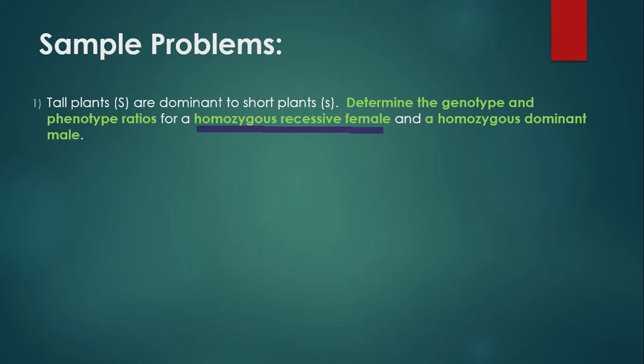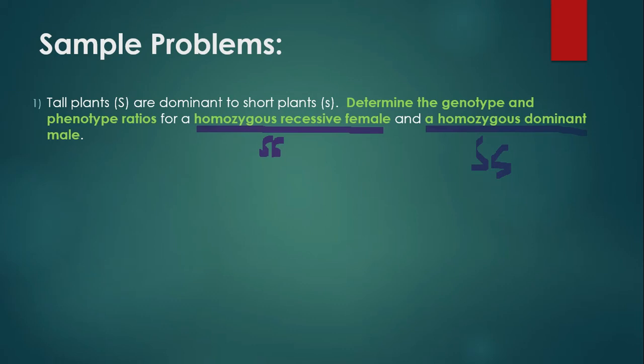Since we use S as our variable, homozygous recessive means the same, and recessive means small letters, so both are written in small letter s. That is how you are going to identify that. And a homozygous dominant male: both are written in capital letter S this time. That is how you are going to write that.